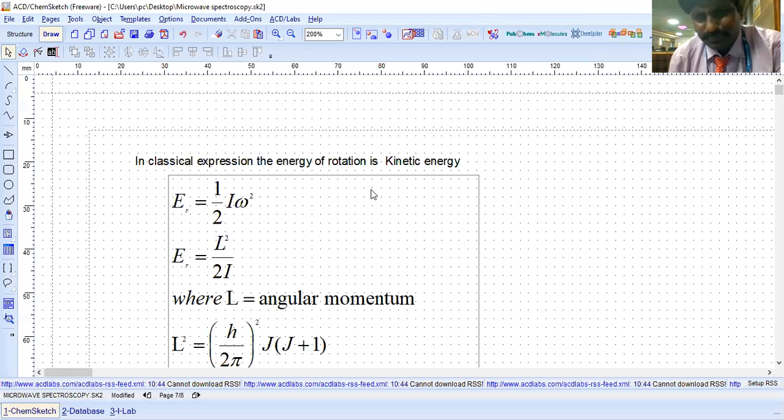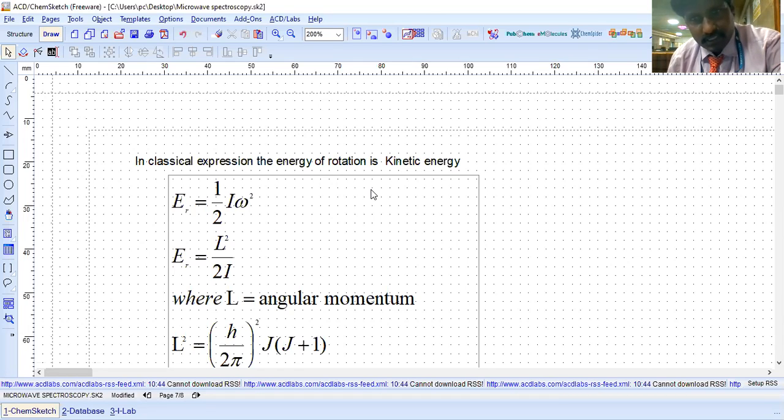Now we already have the relation between L, the angular momentum, and I and omega. L is equal to I omega. Now, instead of writing L square, I have to keep one I in the denominator because only one I is there in the numerator. That's why the 1 by 2 is there.